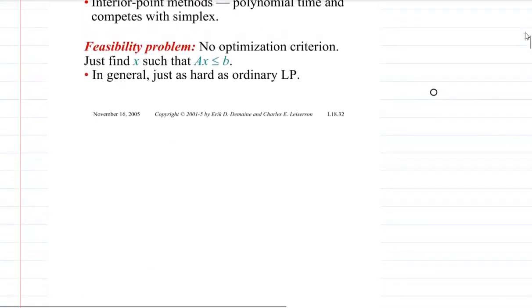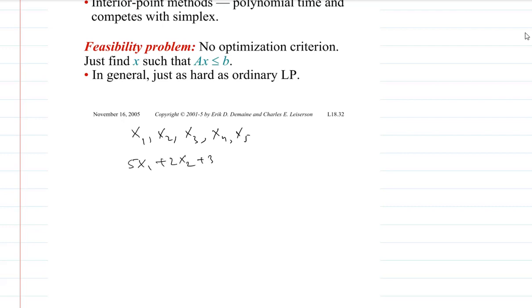For example, if we have 5 different variables x1, x2, x3, x4, x5, then we can have constraints such as 5x1 plus 2x2 plus 3x5 is greater than or equal to 5. Now this is a constraint, right? Similarly, 2x2 plus 3x1 plus x5 is greater than or equal to 2, and so on and so forth.